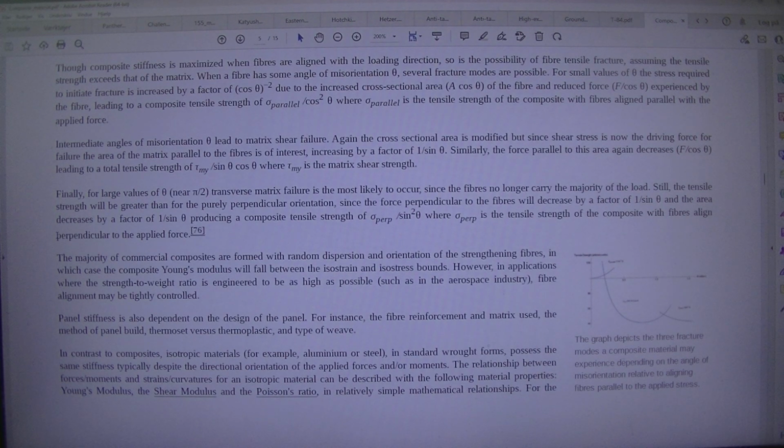Finally, for large values of theta, near pi/2, transverse matrix failure is the most likely to occur, since the fibers no longer carry the majority of the load.